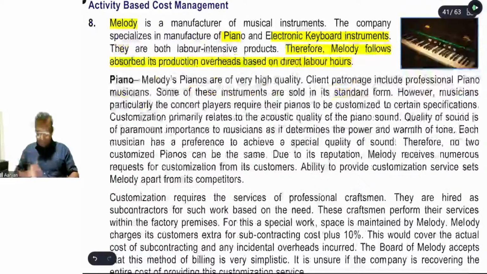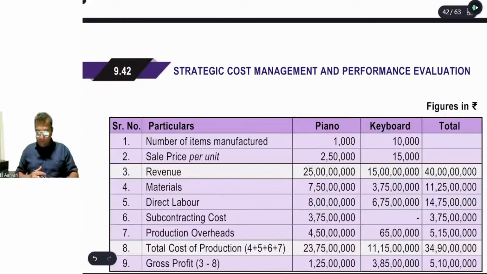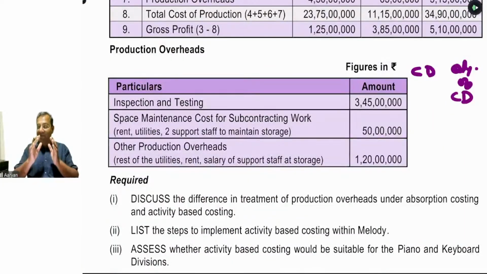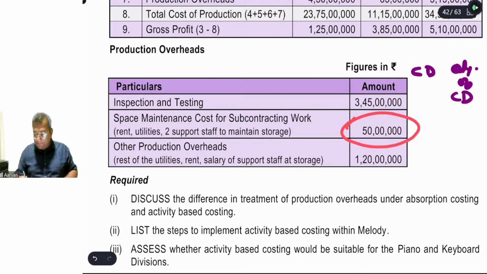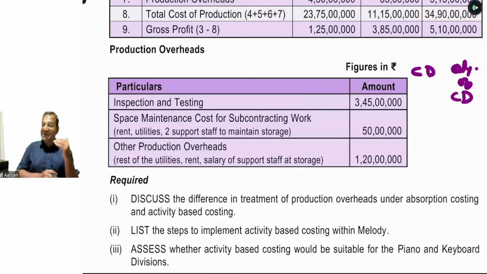Although we've seen that out of the total production overhead, there are some overheads that are specifically incurred for the piano product. But under the traditional method of costing, even the space maintenance cost for subcontracting work, which is specifically incurred for piano, is also borne by the second product, keyboard, because a blanket recovery rate has been used for the complete factory.